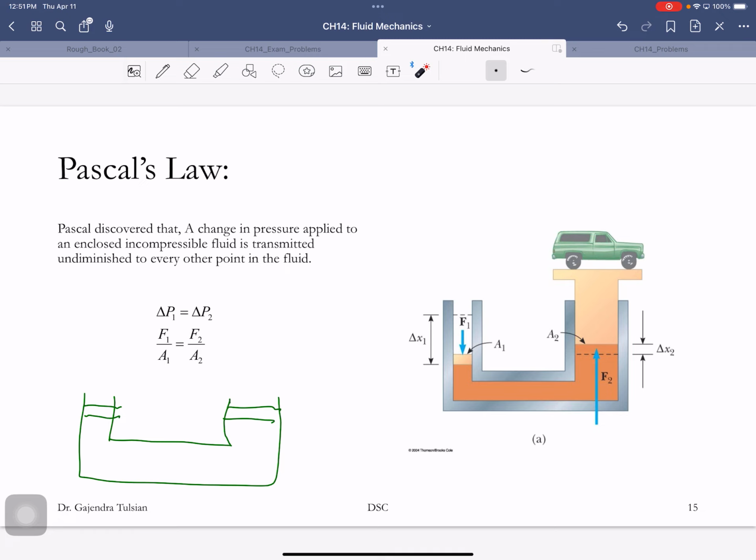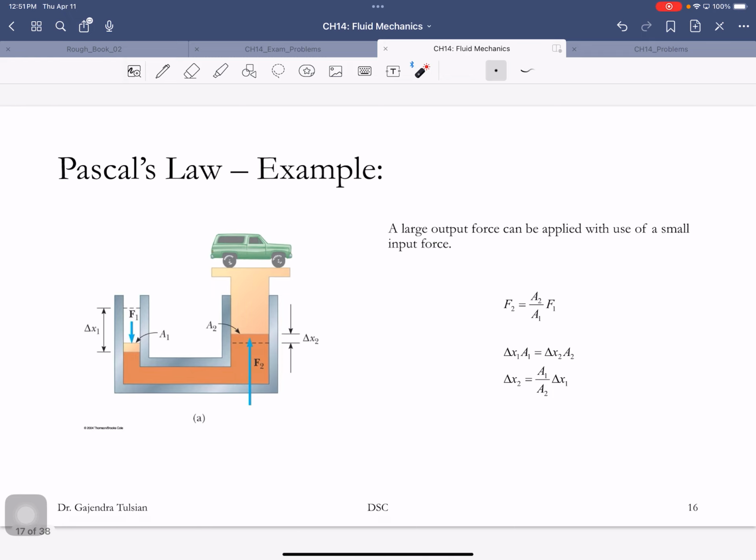And so that idea leads us to hydraulic presses. You increase the pressure at this point by this amount, that same pressure is applied at that point. And so F2 is A2 over A1 times F1. This is the input force, and that's the output force you get.